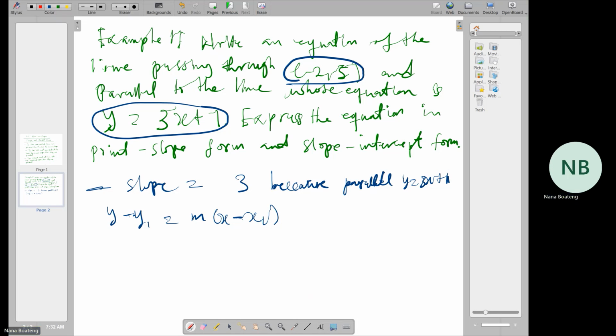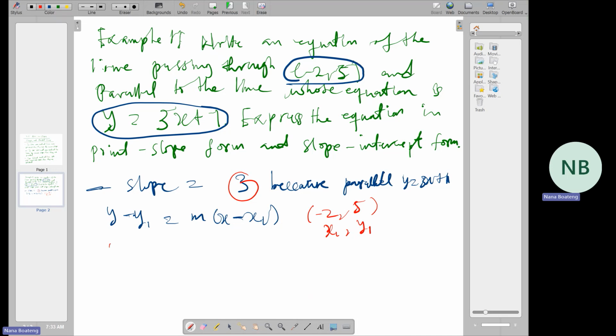For the line that passes through (-2, 5), -2 will be our x1, and this 5 will be our y1. And we know our m, which is 3, so we can substitute this into the point slope formula.